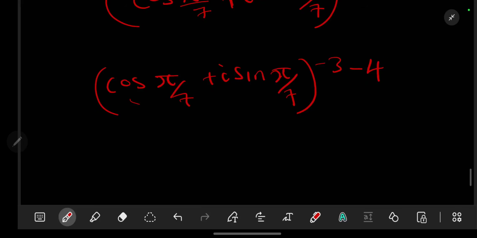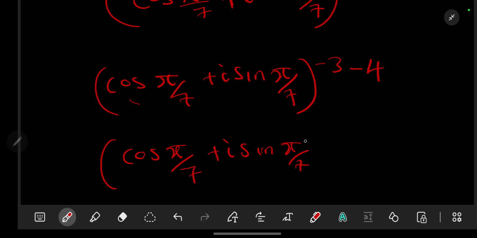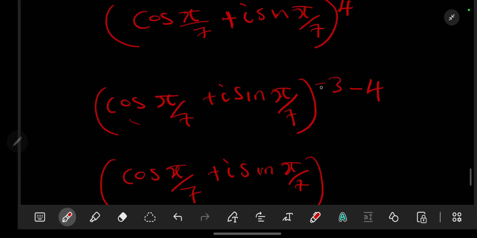So this gives us cos of pi over 7 plus i sine of pi over 7, then power negative 3 minus 4, which is negative 7.